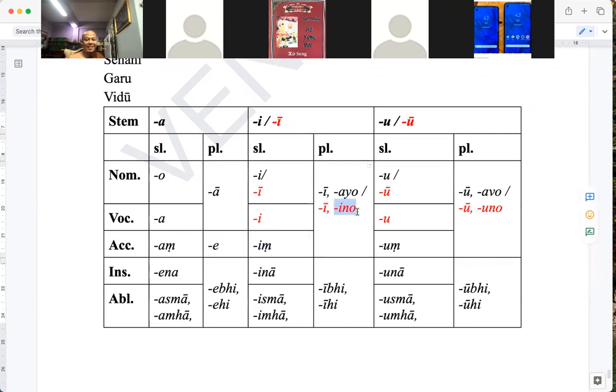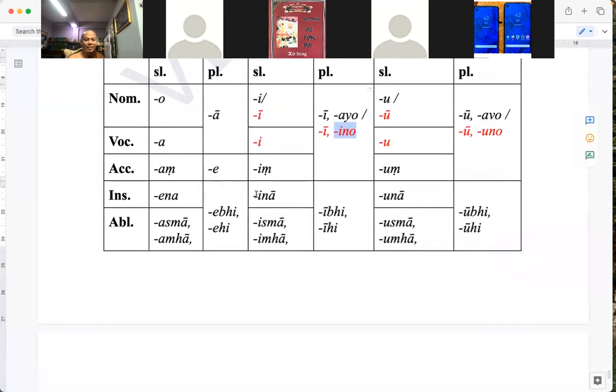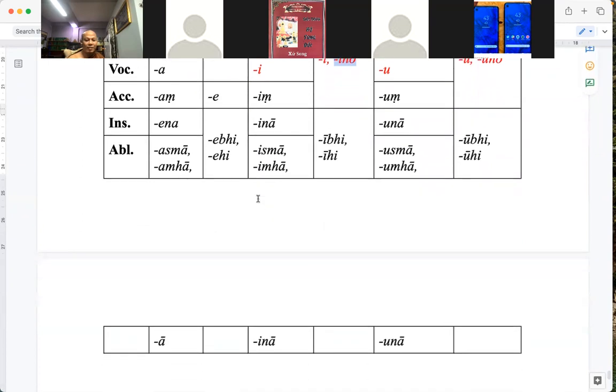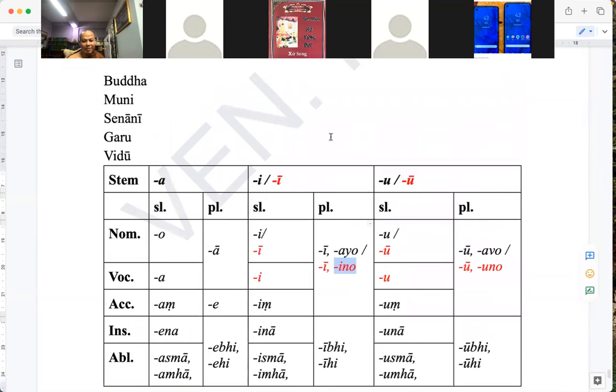Senaning, Senani, Senanino. Instrumental, Senanina. Oh, sorry, Senanina, I'm sorry. Senanina. Senanibi, Senanihi. Ablative, Senanisma, Senanima, Senanina. Senanibi, Senanihi.